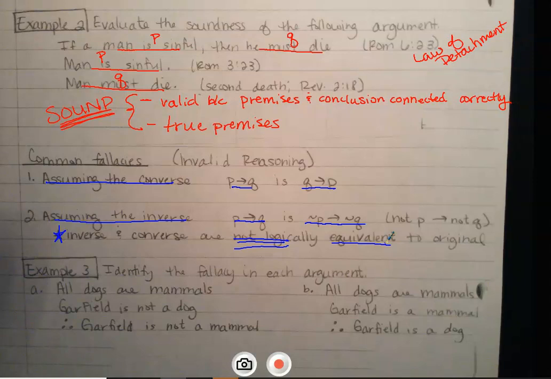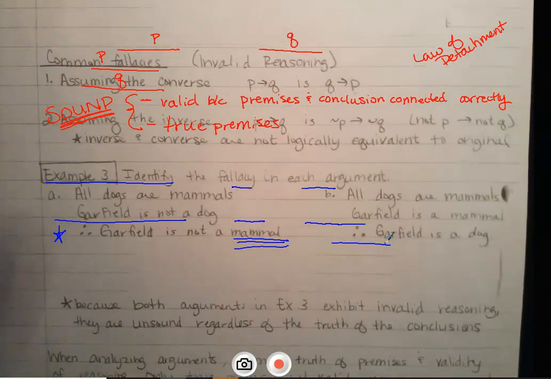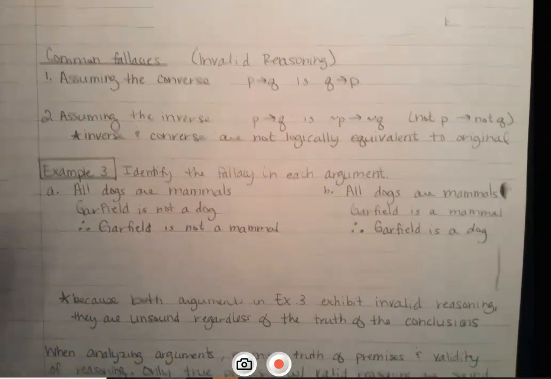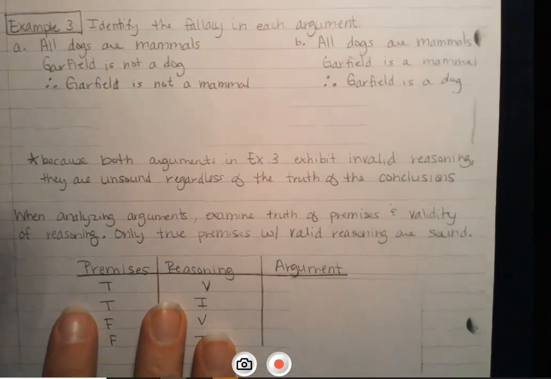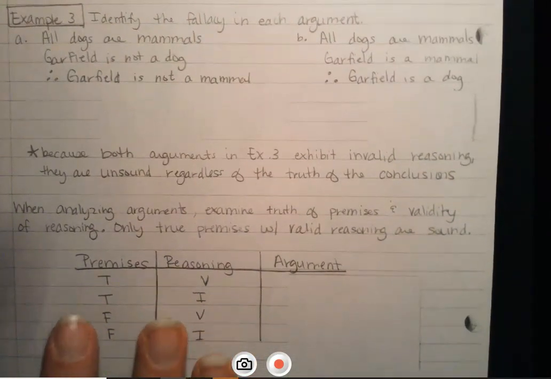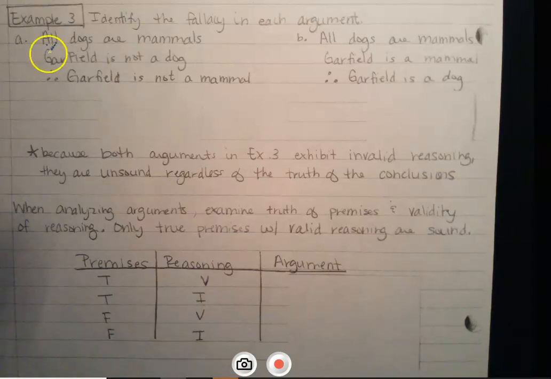So let's put this into practice as well. Let's move on down to example 3. It says identify the fallacy in each argument. Let's look at the first one and break it down. It says all dogs are mammals.